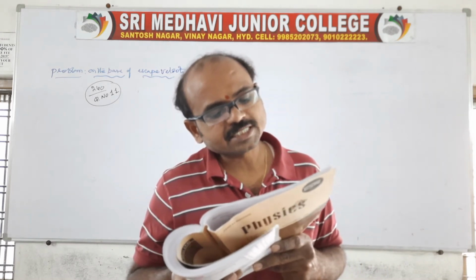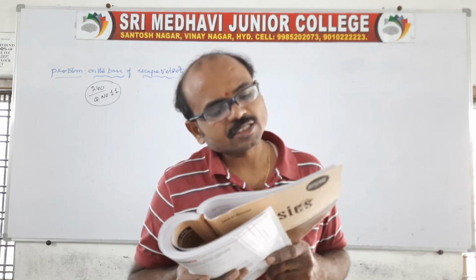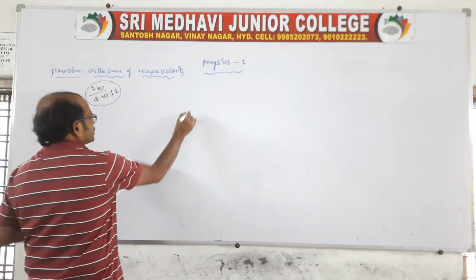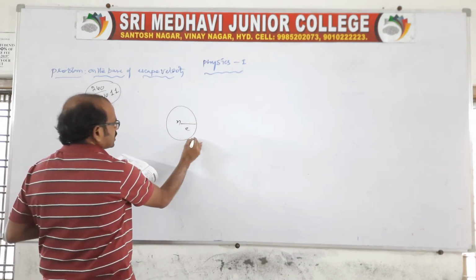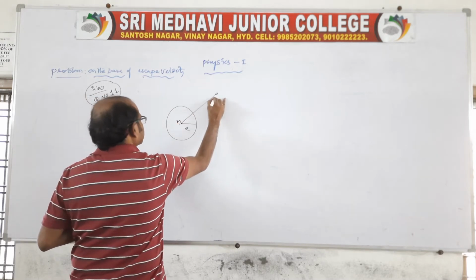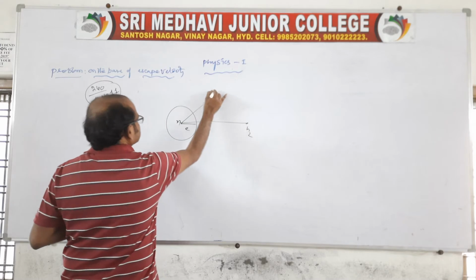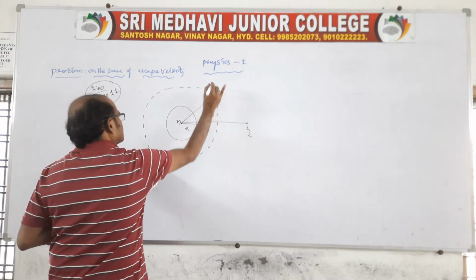So two satellites are revolving around the earth at different heights. The ratio of their orbital speeds is given. See, two satellites, we say it is an earth with a mass, and one satellite is at h1, another satellite is at h2, which are revolving around the earth at different orbital speeds.